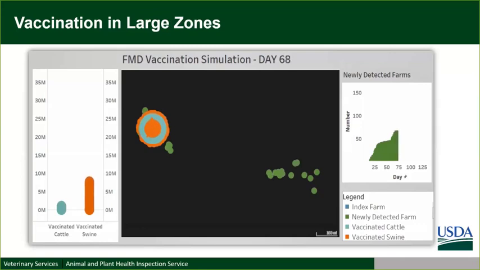But especially initially, when you have first detection of a premises, and then you apply a large, blanketed strategy within a zone without knowing if there's disease in other places or in other states that have not yet been detected, is where you can see that using vaccine all in one zone can really impact having vaccine doses available to be able to use in different areas.